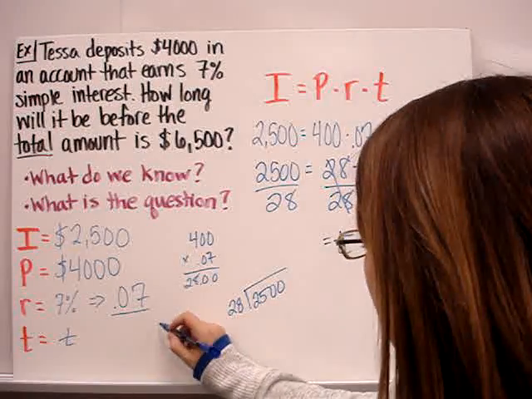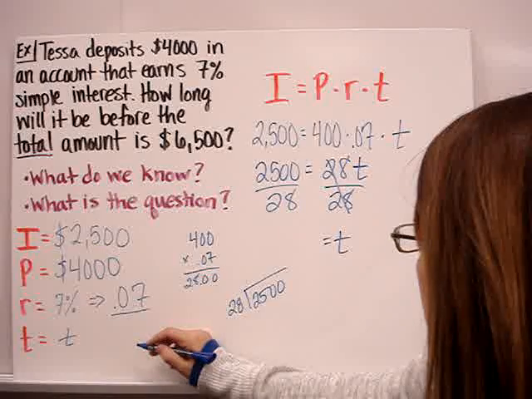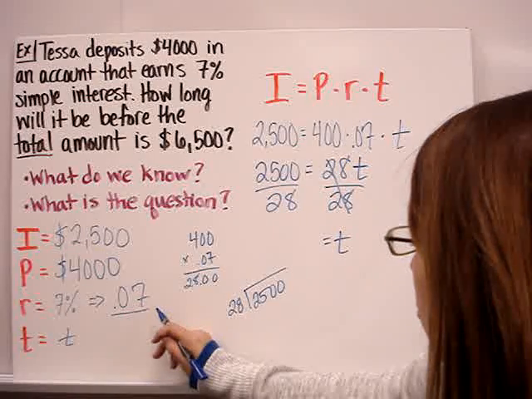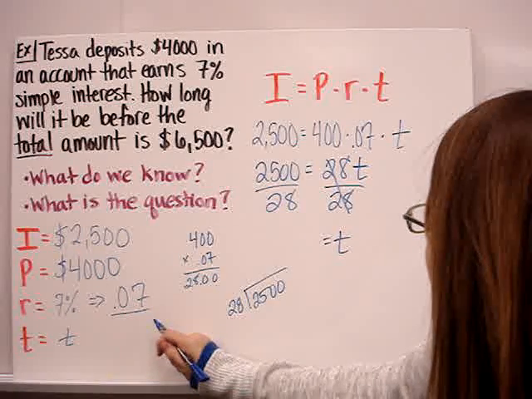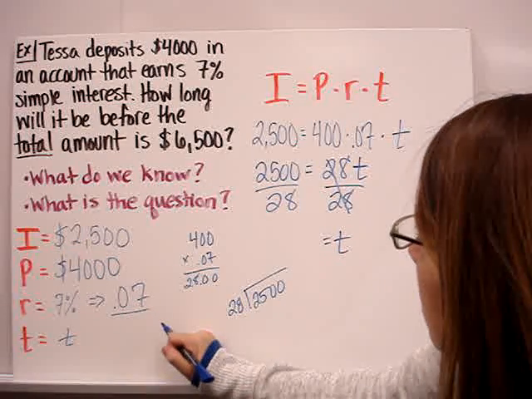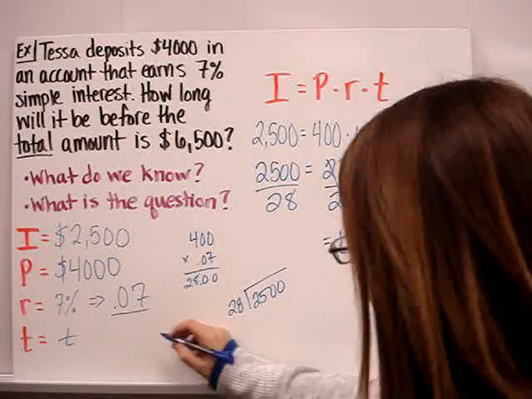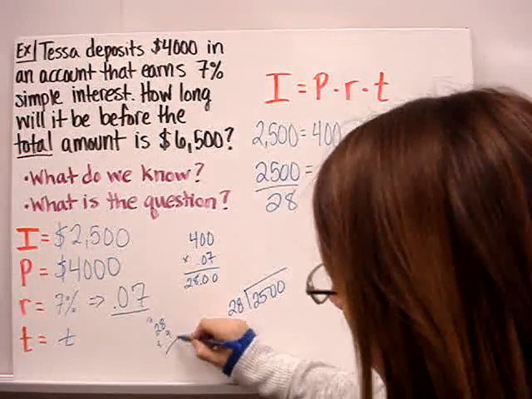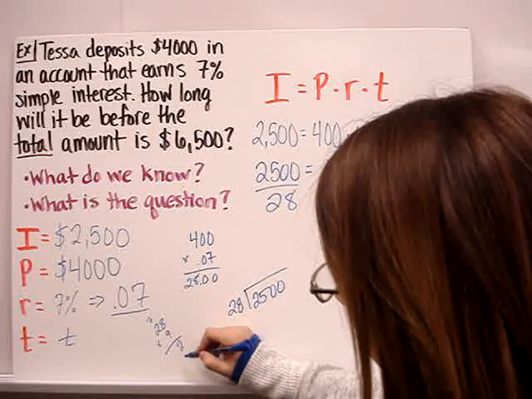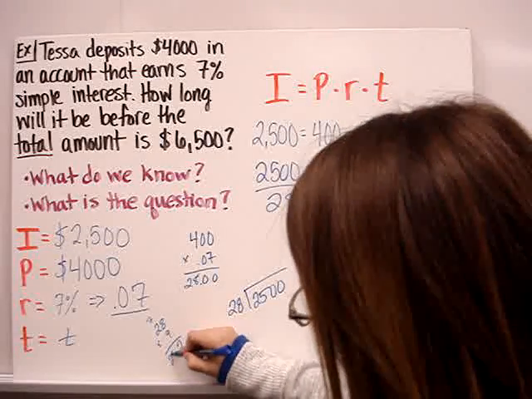I'm guessing it's going to be 9 times 400 times 0.07. It's 28 times t. It's going to be a long time, isn't it? Let's see. 28 times 9, that's 72, 18, 252.